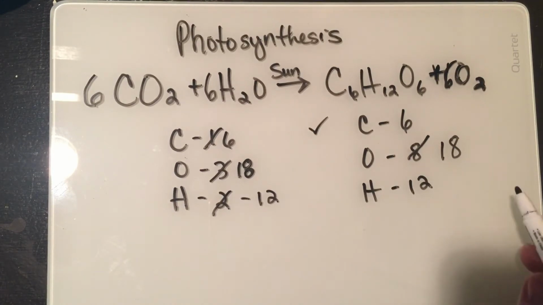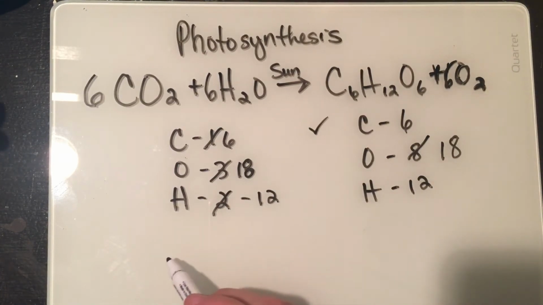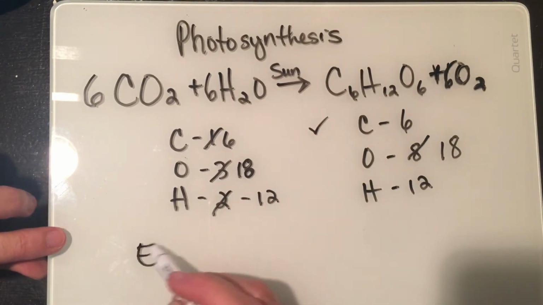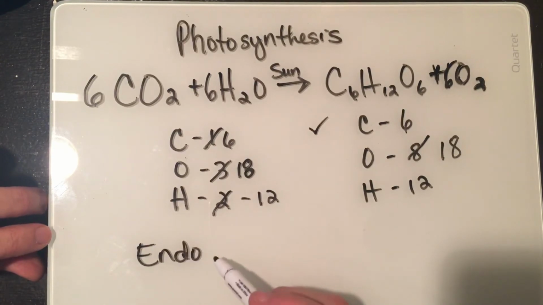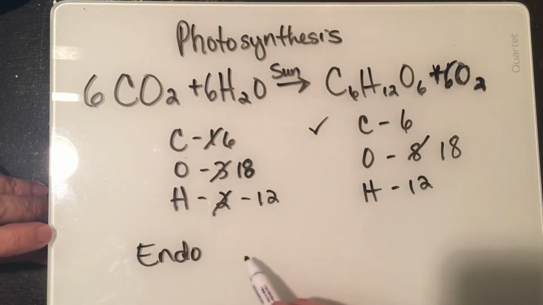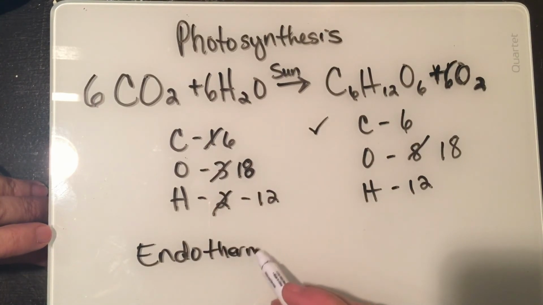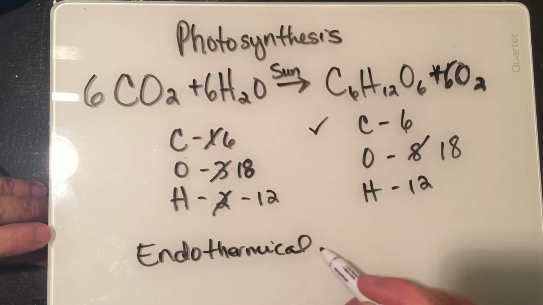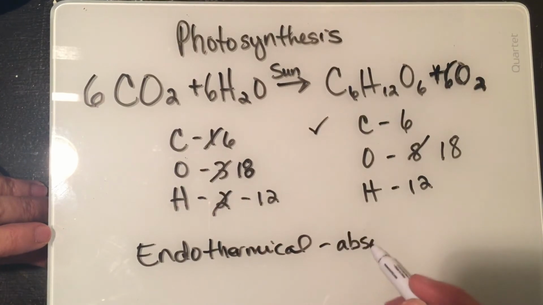All right, that's all good and well, but what does that have to do with endothermic and exothermic? Well, balancing chemical equations really doesn't have anything to do with whether a chemical reaction is exothermic or endothermic. But what you should have learned already is that endothermic means that a chemical reaction absorbs heat.